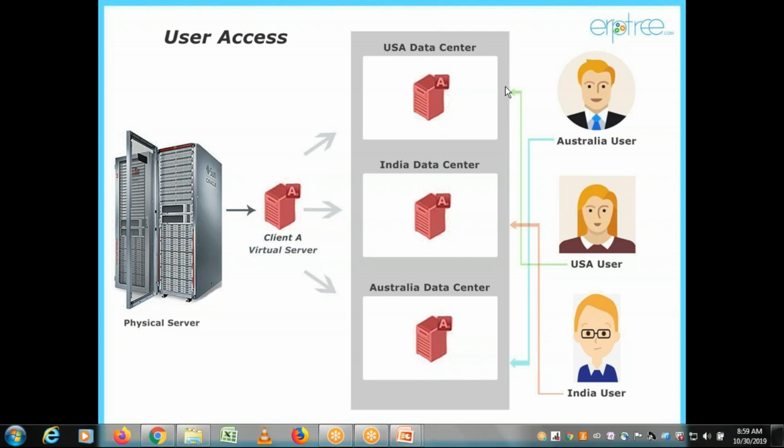Then they see which country the client is from, and they keep the virtual server available in that country's data center. If they don't have a data center in the specific country where the client is doing business operations, they try to keep that virtual server available in the nearest data center.